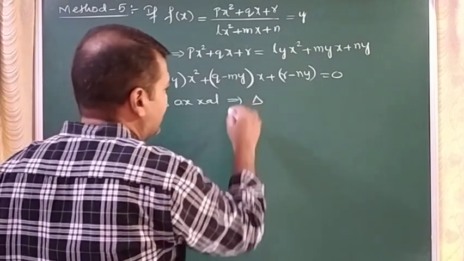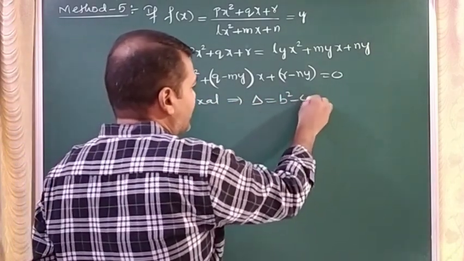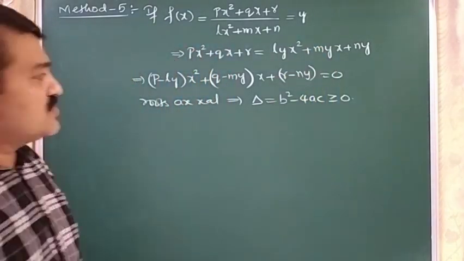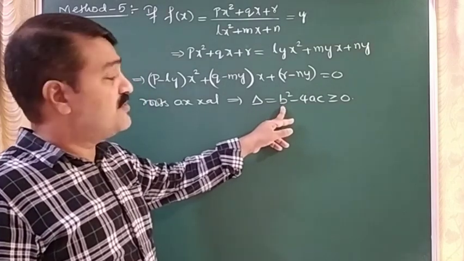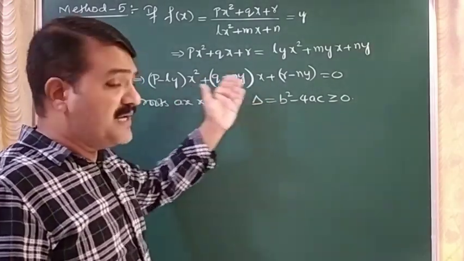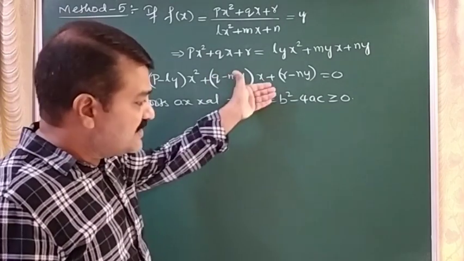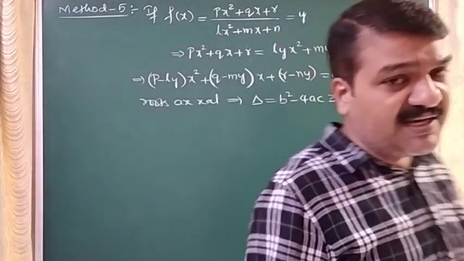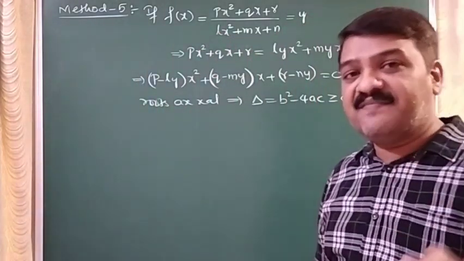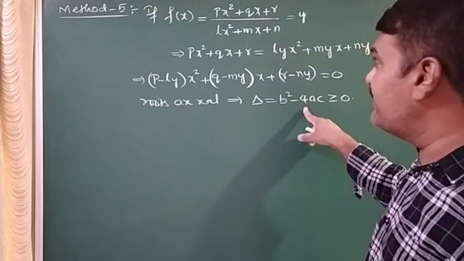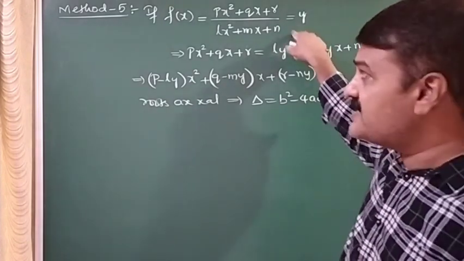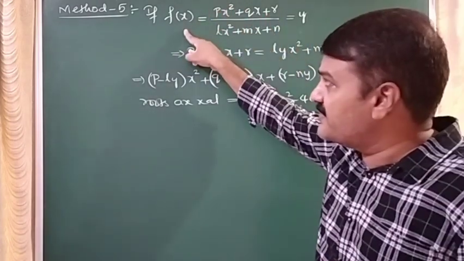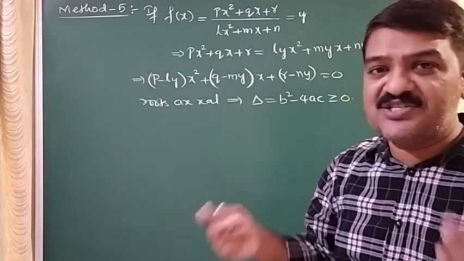When roots are real, discriminant b square minus 4ac is greater than or equal to 0. Discriminant we will apply and we will solve this condition now. So when you solve this condition, finally you will get the interval of y. What is y here? Y is nothing but f of x. So interval of y means interval of f of x, and interval of f of x only is range.